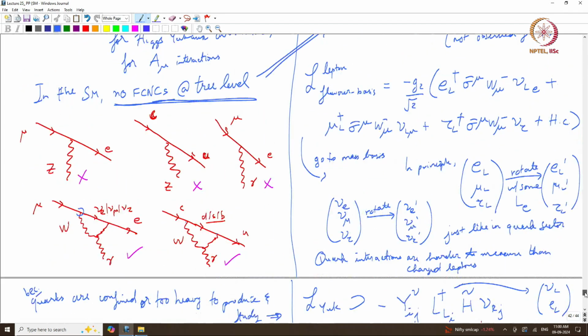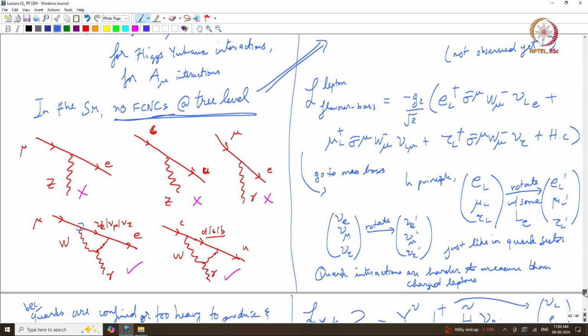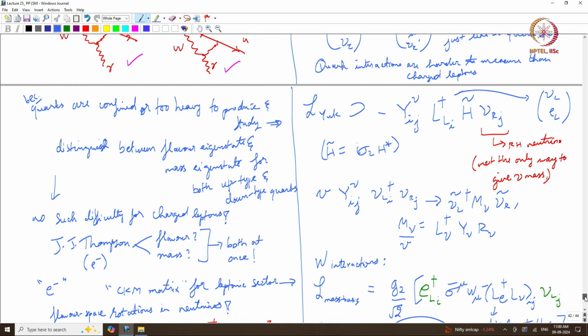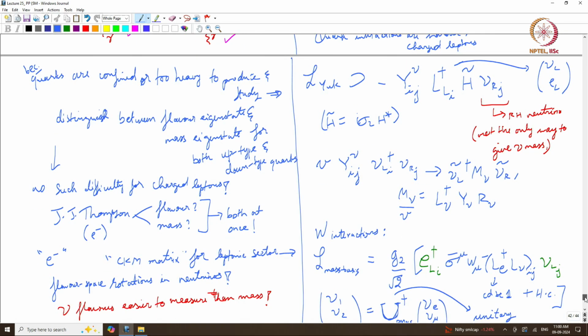And from there on we moved on to the notion of having these flavor rotations in the lepton sector, right, and we saw that in the lepton sector you dumped all the rotations into the neutrino sector in particular. Why is that? Because neutrino flavors are easier to measure. It is easier to see the neutrinos in interaction basis than in the mass basis. We do not know the masses of the neutrinos, okay.